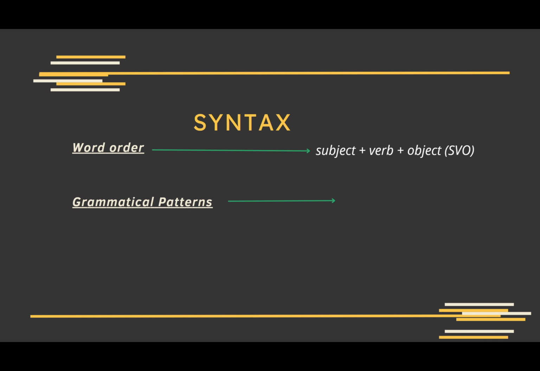So for example, in the sentence, the boy is eating an apple. Here, the boy is a noun phrase because it has a noun. Then is eating is a verb phrase because it has a verb. And in this case, we have another noun phrase because we have another noun.